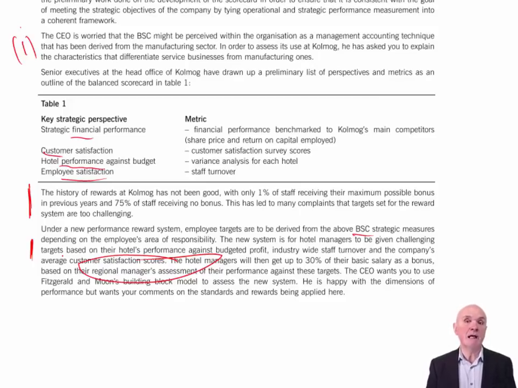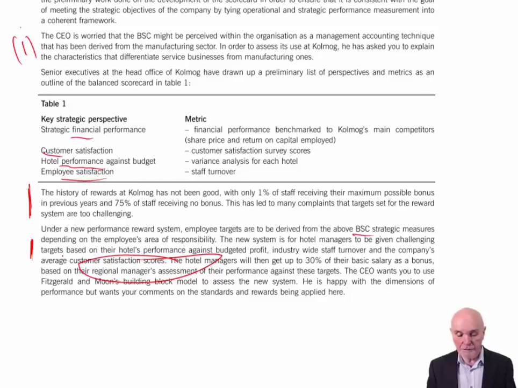You begin to think, well, I haven't got a bonus, not because I didn't perform, but because the regional manager didn't like me. So inevitably, I think there's going to be some element of judgment in some of these qualities, because one of the difficulties will be it can be hard to assess, for example, employee satisfaction and the like. But you don't want there to be too much.